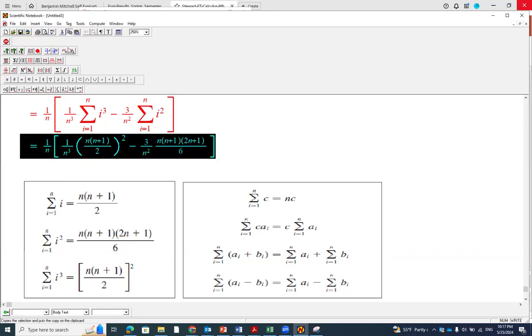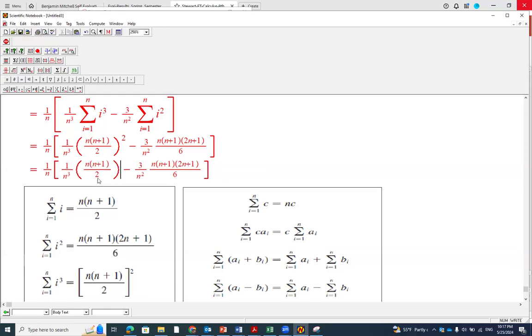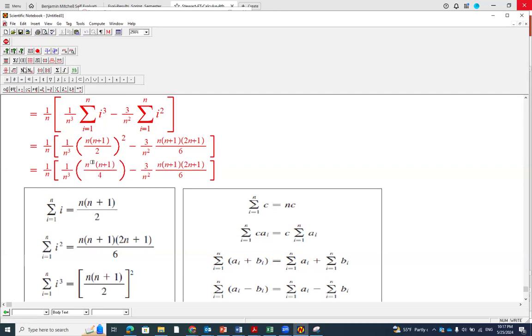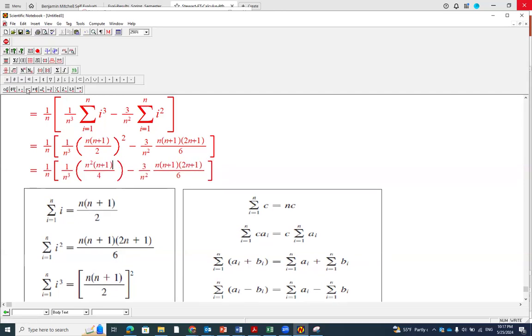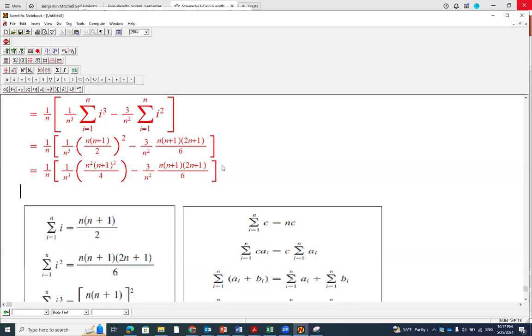So now we're getting ready to take limits. Before that, let's do some operations. So this squared is going to square the top and bottom. So this is going to be 4, and this is going to be n squared, and this is going to be n plus 1 squared. Next, let's do some reduction.